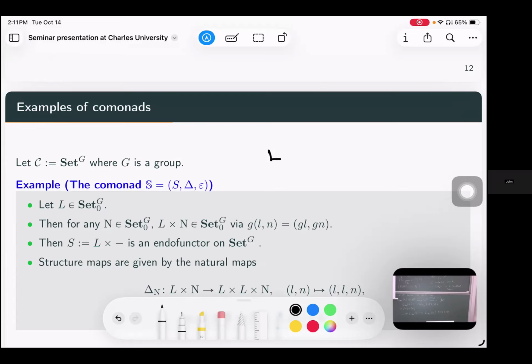Okay, all right. So if I take L to be a G-set, I fix this L. Now, if I take any G-set N, then I can form this Cartesian product. Now, this is again a G-set because I can act diagonally on this.